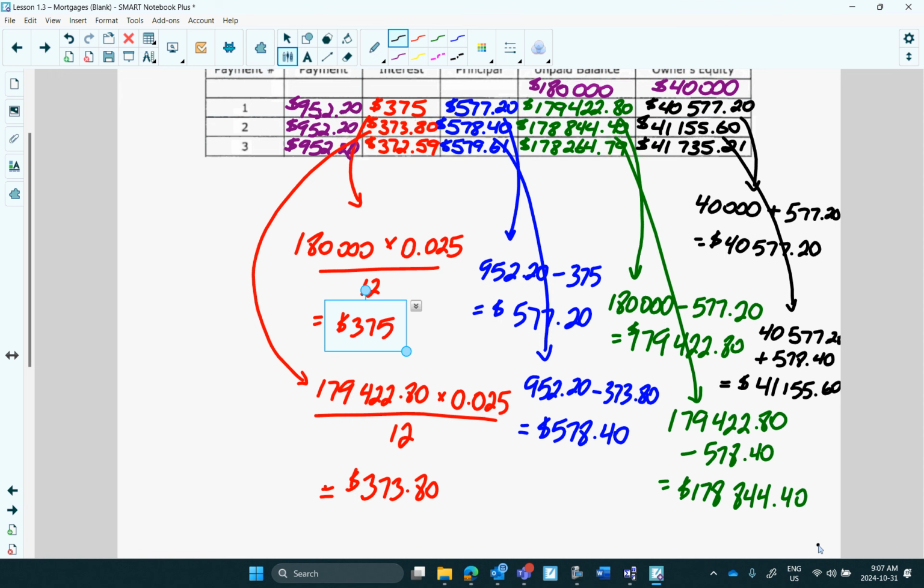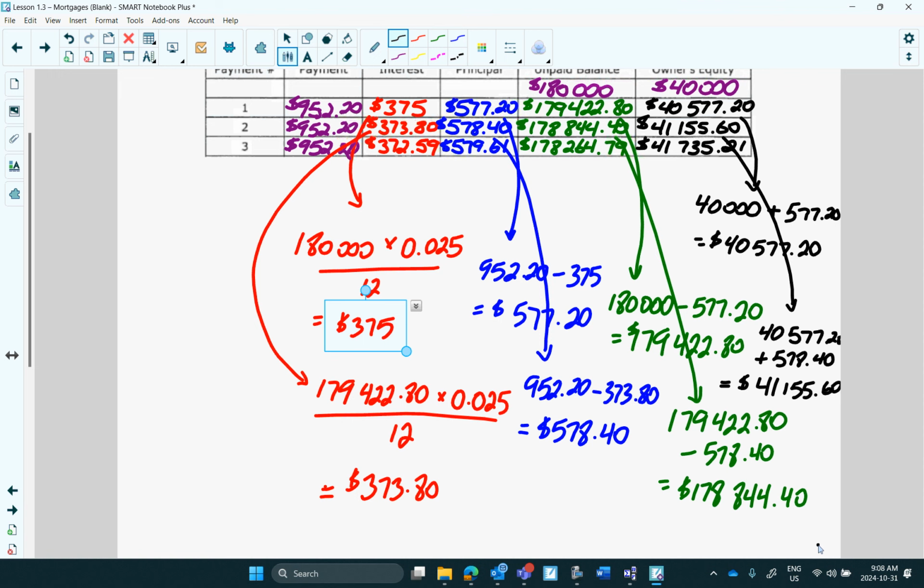You could be given a table like this and be asked to complete missing information. Seen that on old provincial exams before. And so if he decided to sell right now, and let's say he was able to sell it for 220,000, his amount that he would get back is 41,735.21.